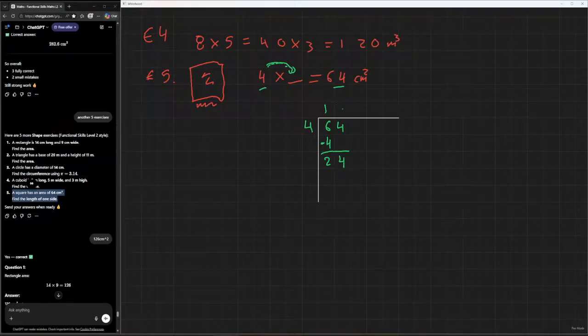Bring down the 4, and then 6 times 4 is 24, so 0. So 16 centimeter is our answer.